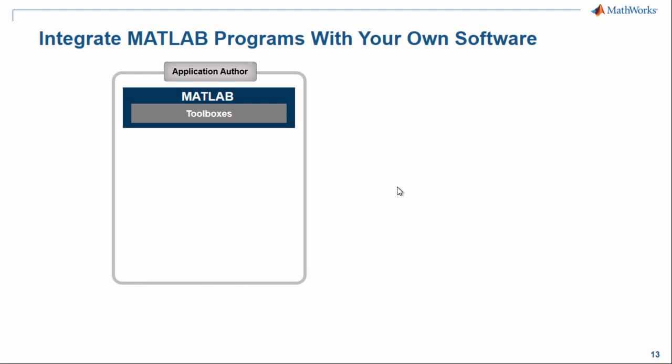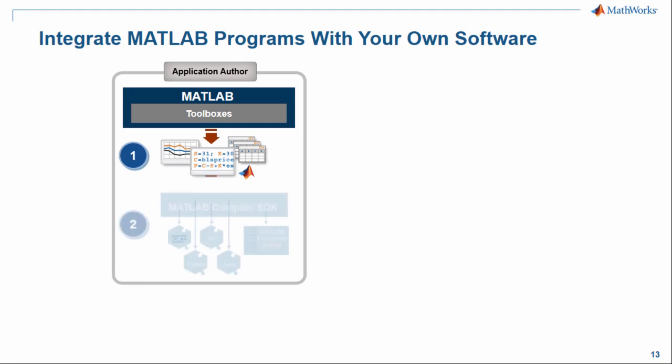So you have MATLAB and the associated toolboxes on your desktop that run your application. You use the MATLAB compiler SDK to identify the target component that you want to generate. Say, for example, we wanted to create a .NET assembly.